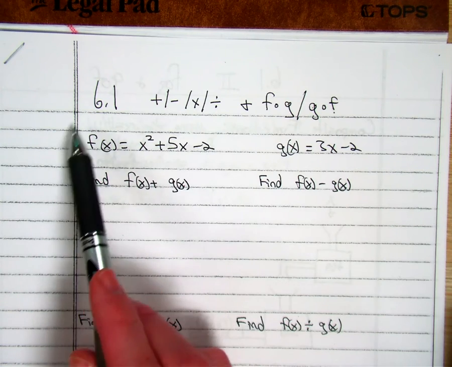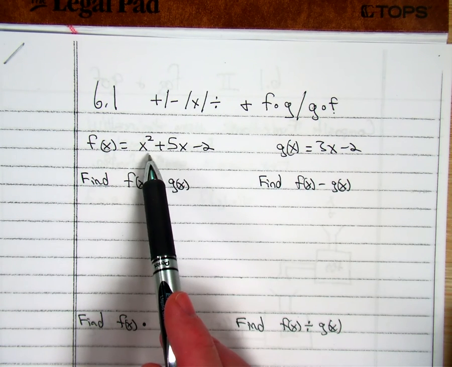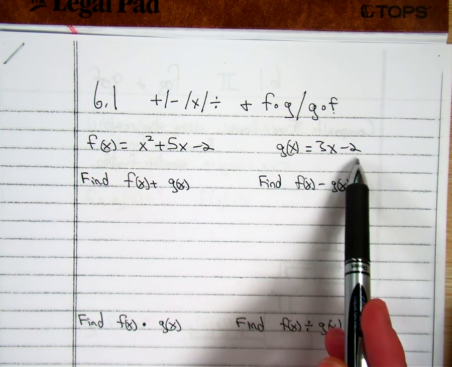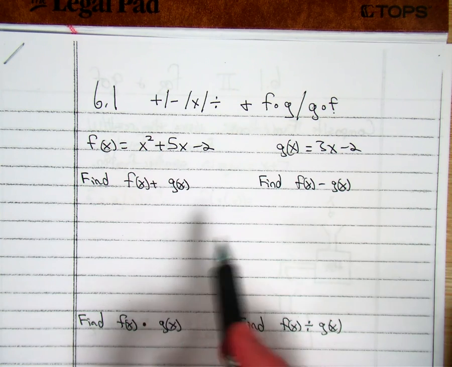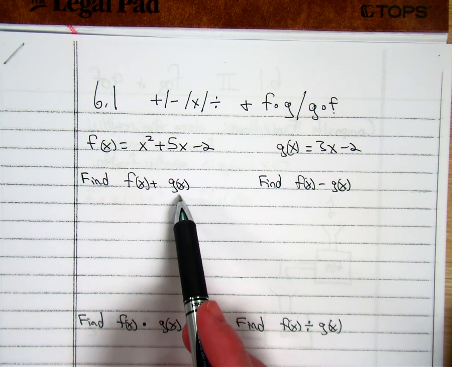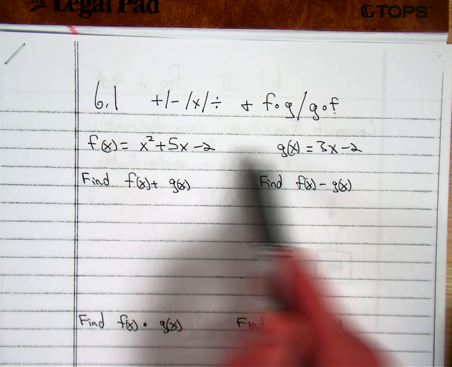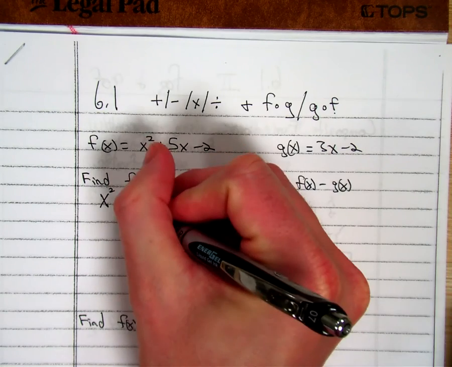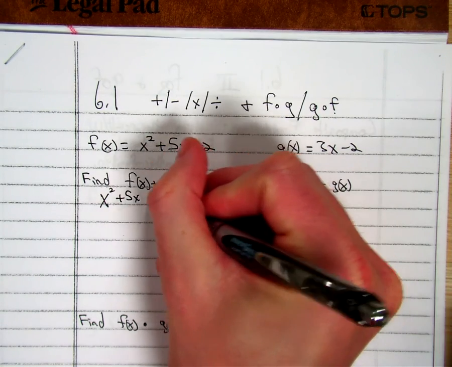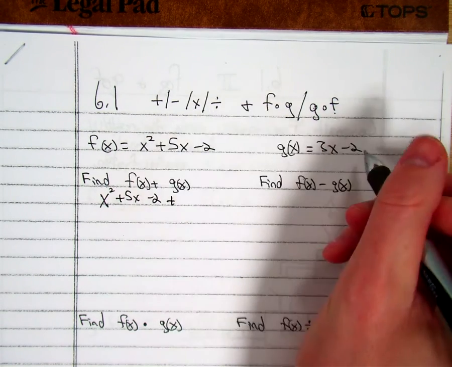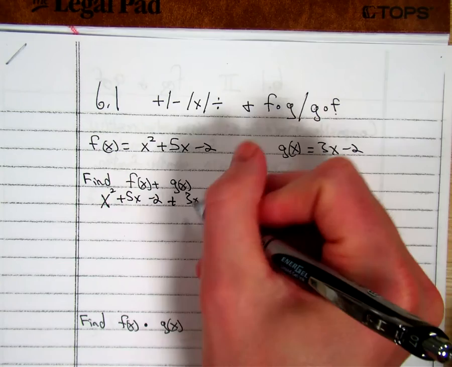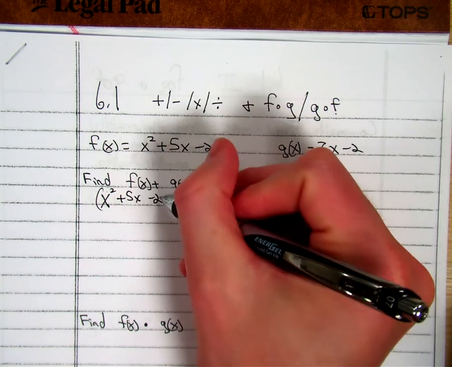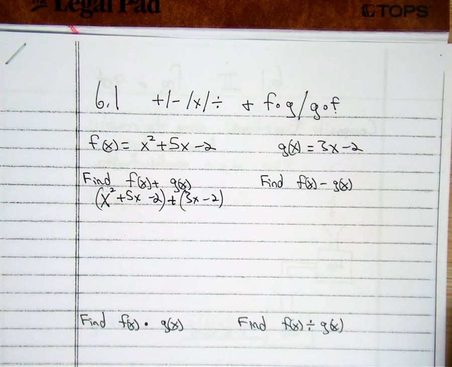So here's our f function, f of x equals x squared plus 5x minus 2, and g of x is 3x minus 2. To find f of x plus g of x, super easy. We're just going to write them both down and look to combine. There's my f of x, plus 3x minus 2, there's the g of x.